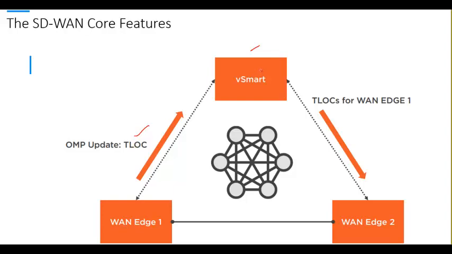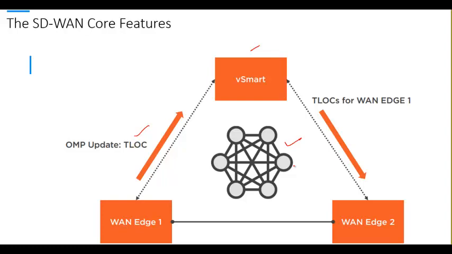So you may have a full mesh topology, like this. Now vSmart knows the complete topology. What all things does it know?